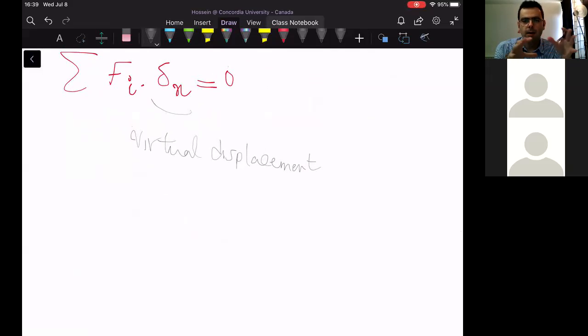As soon as you apply any very small virtual displacement, you have to see what forces oppose the motion, calculate the corresponding work by these forces, sum them, and set them equal to 0, and then you will automatically come up with the equation of motion.